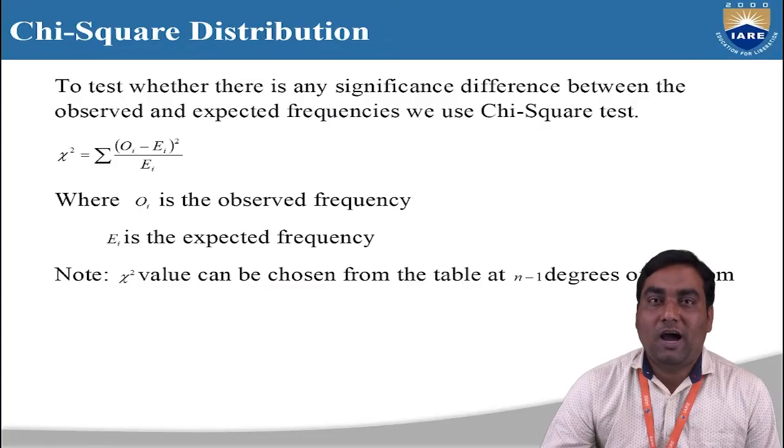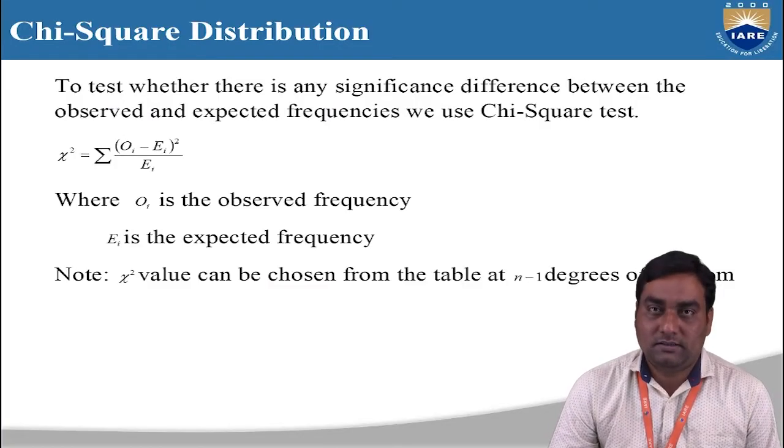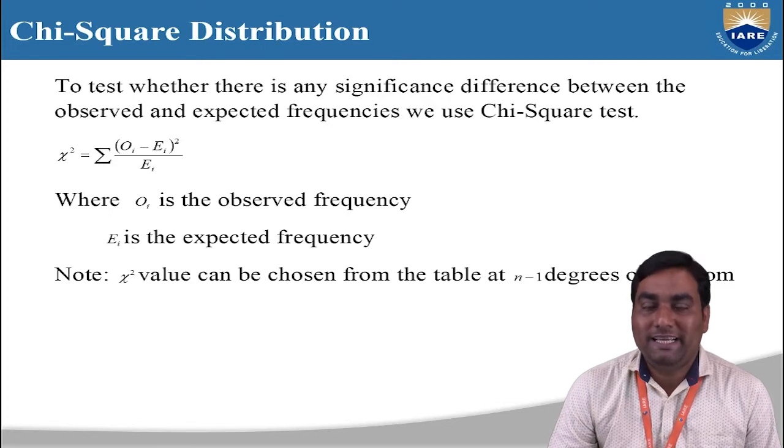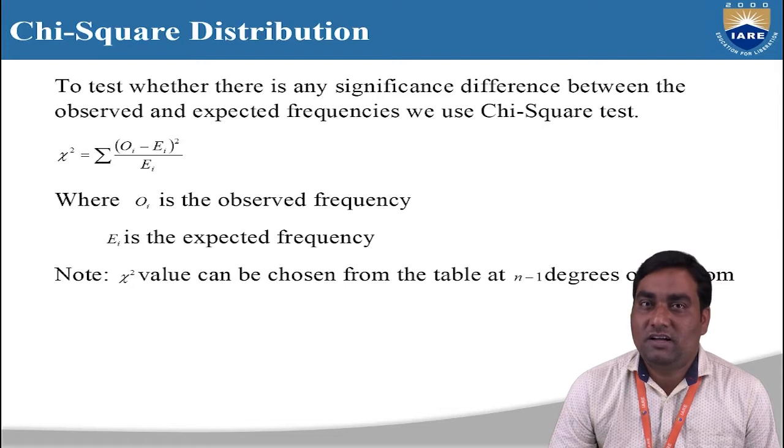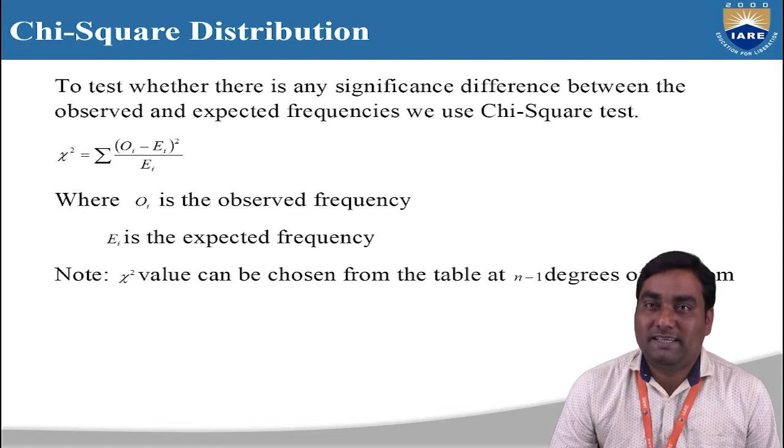Now coming to the fourth test, which is chi-square test 1. Here, we do not have any samples. We have only the frequencies. The problem consists of observed frequencies data. Based on observed frequencies data, we should find expected frequencies.